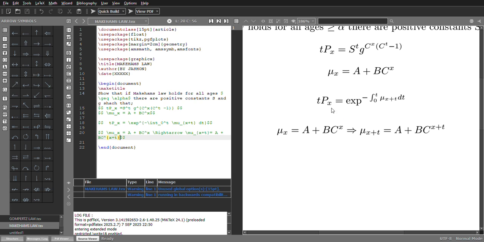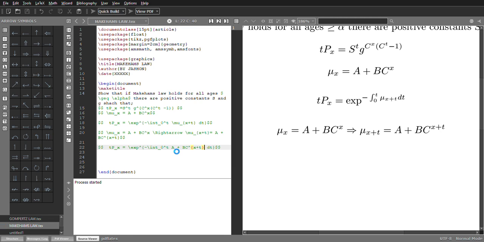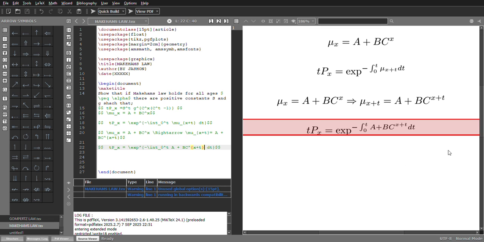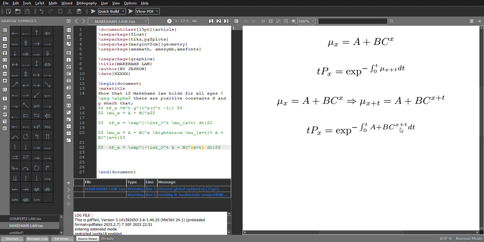The next part from here, we want to substitute this mu x plus t, then integrate with respect to t from 0 to t of a plus b c raised to x plus t.